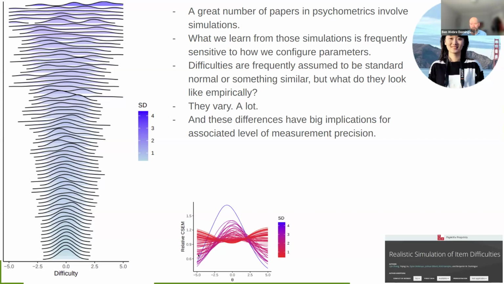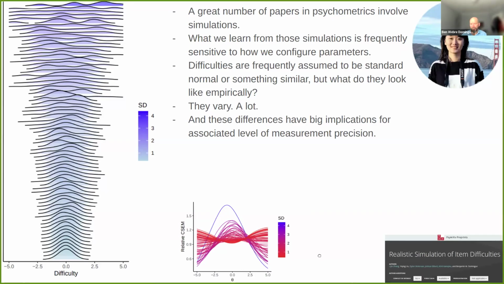This blue curve here suggests that we have one kind of stylized type of measurement error. Whereas if we have a very different kind of empirical distribution of difficulties associated with one of these red lines, the relative measurement error at different levels of ability is really quite drastically different. We think this is a difference worth accounting for.